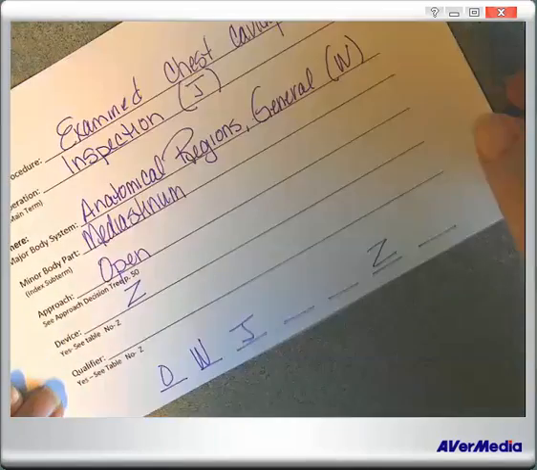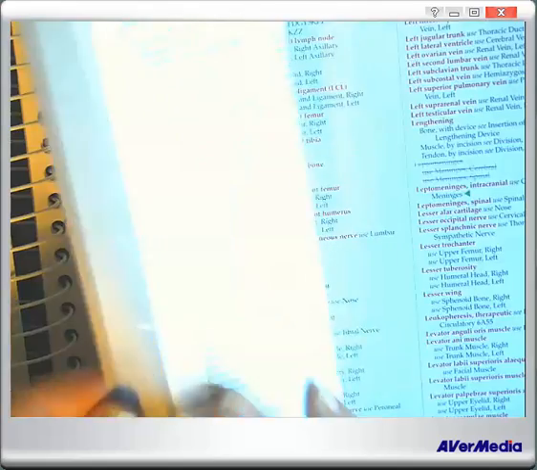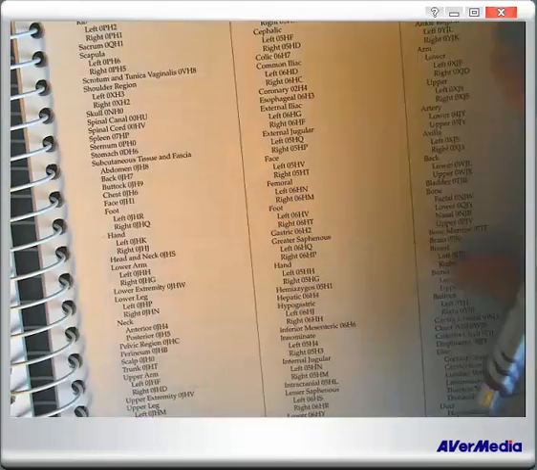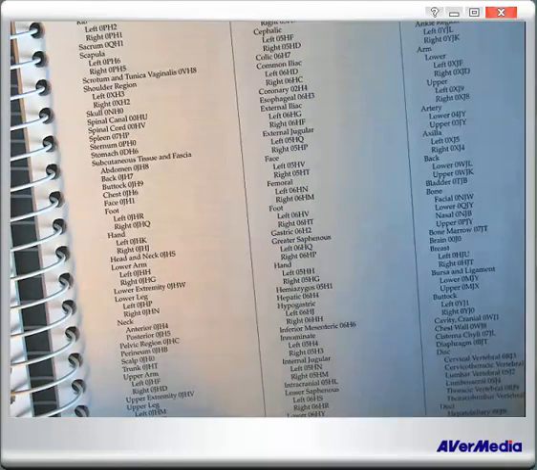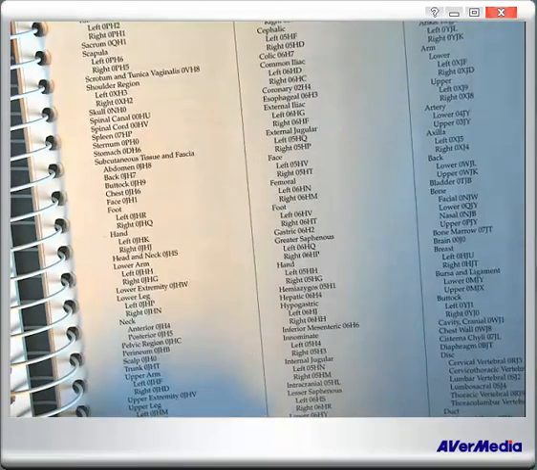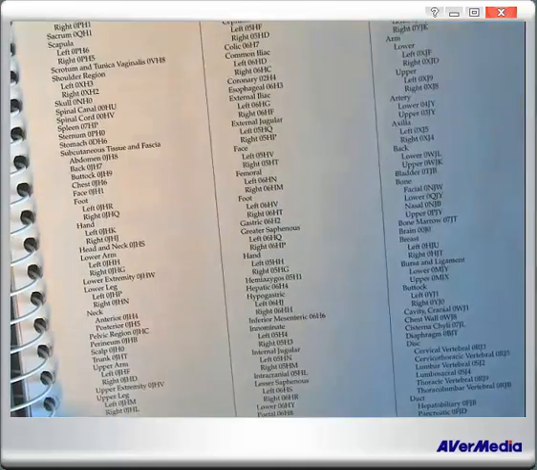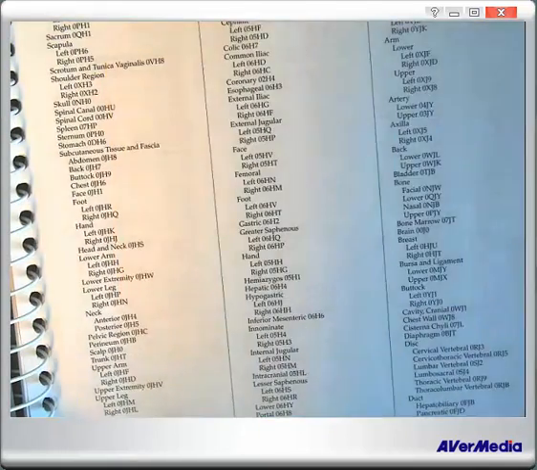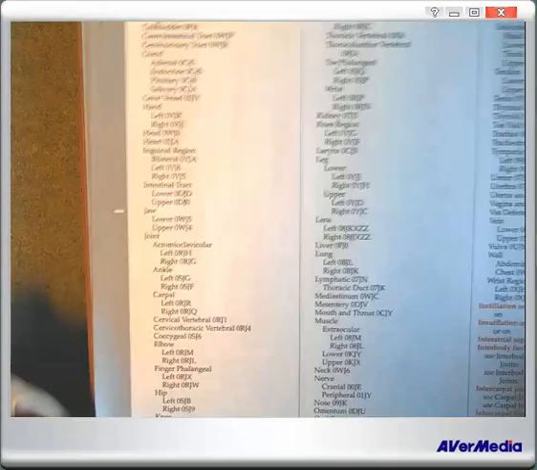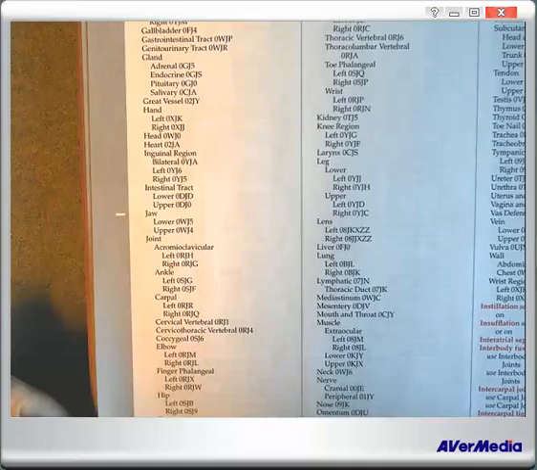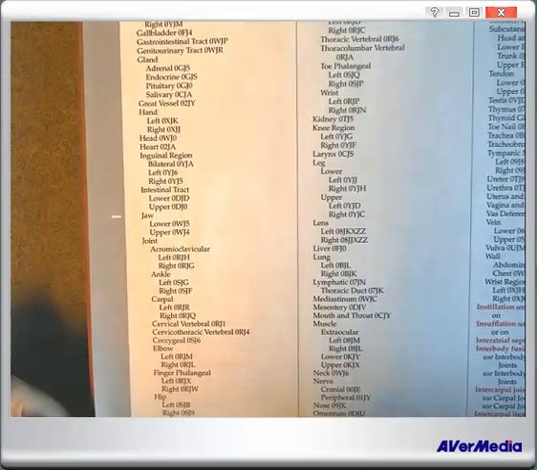And now we're going to tackle our book. So let's go to inspection here. All right, now we are looking for inspection of what? Inspection of the mediastinum. Let's find that here.